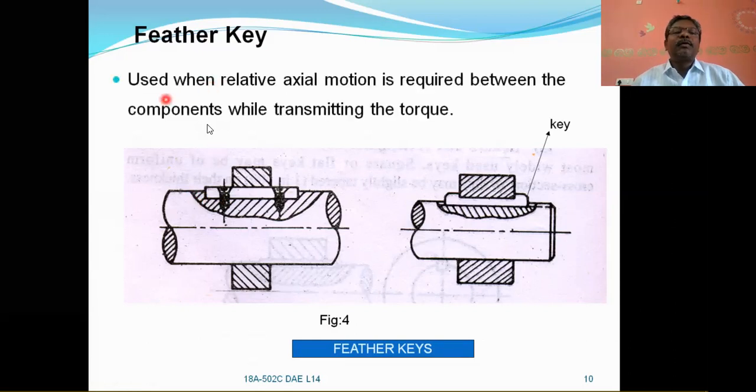This feather key is used when relative axial motion of the mounting is required between the components while transmitting torque. And there are different types of feather keys.